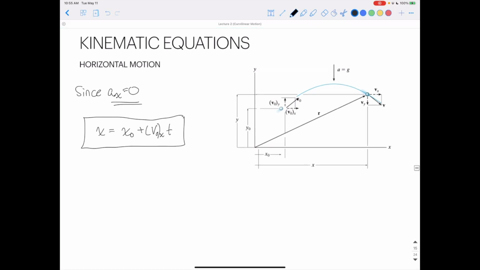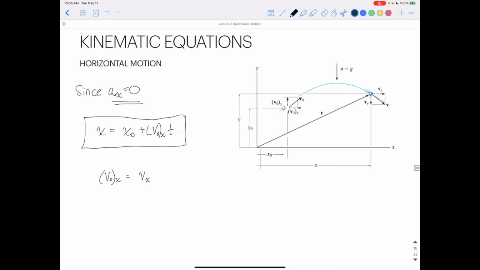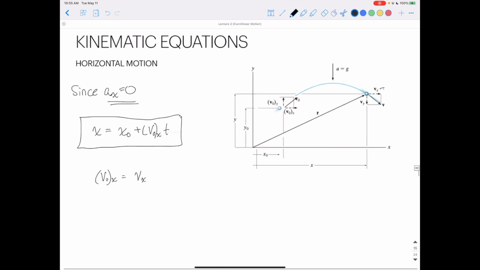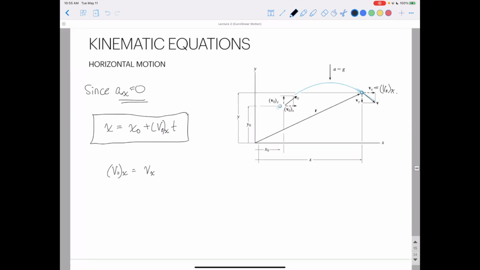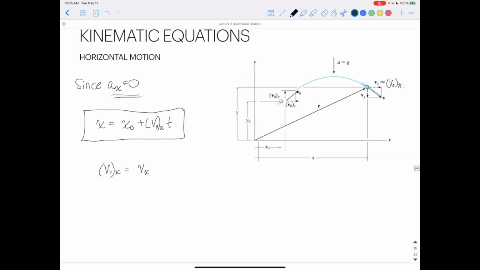And we only care about the initial x velocity because the velocity in the x direction is constant, it's not changing. So we can say vx is equal to v0x. So the x direction is quite easy. We have this one equation. We can use that.